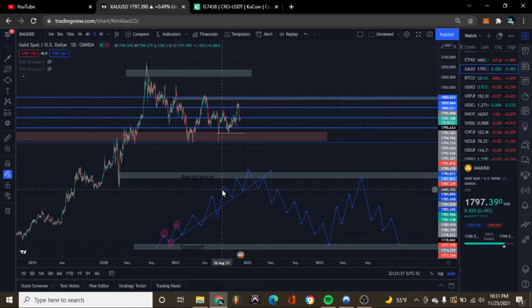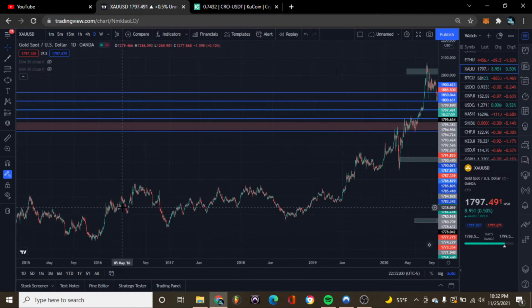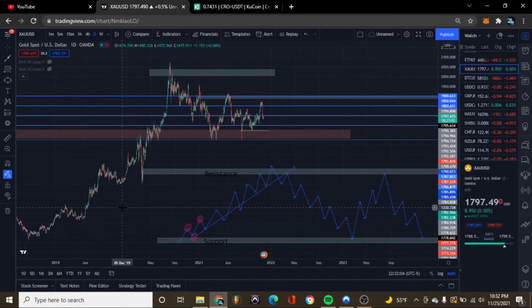But then, you gotta identify your support and your resistance levels, because this is the range that the price is flowing in. So the way you can identify your resistance levels is by looking left in the graph, looking further this way, in the past, to see what price did.